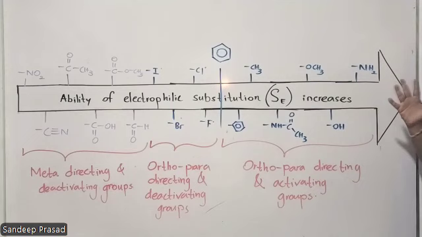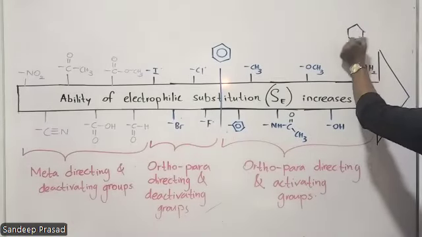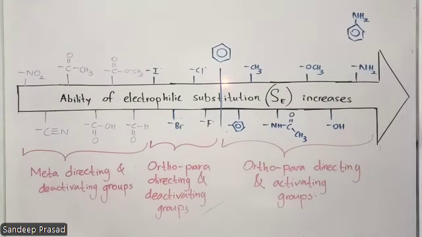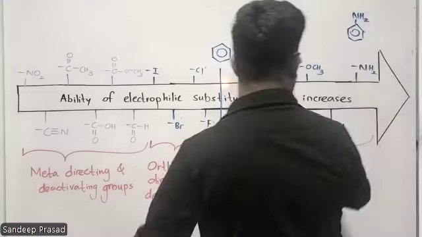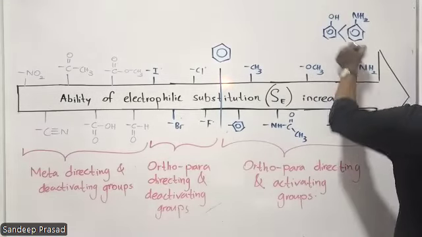Students, tell me which compound can do the electrophilic substitution more, right? Which one has the highest capability of doing the electrophilic substitution? Aniline, right? The electrophilic substitution ability in aniline is greater than, now here we have phenol, second one is phenol, right?